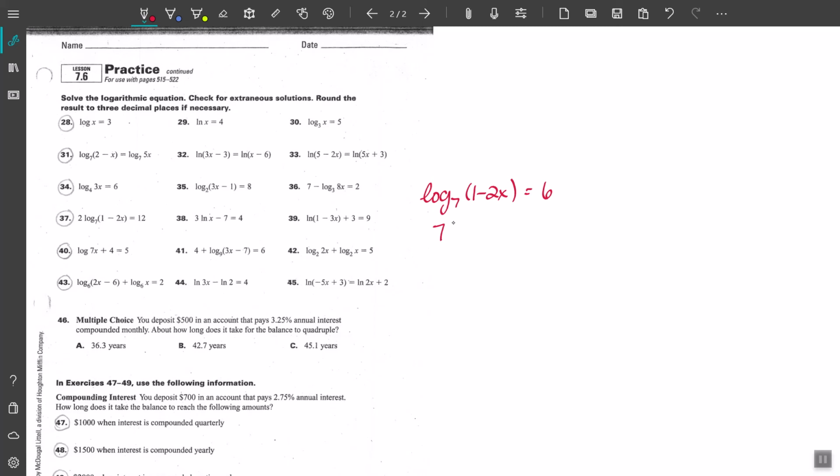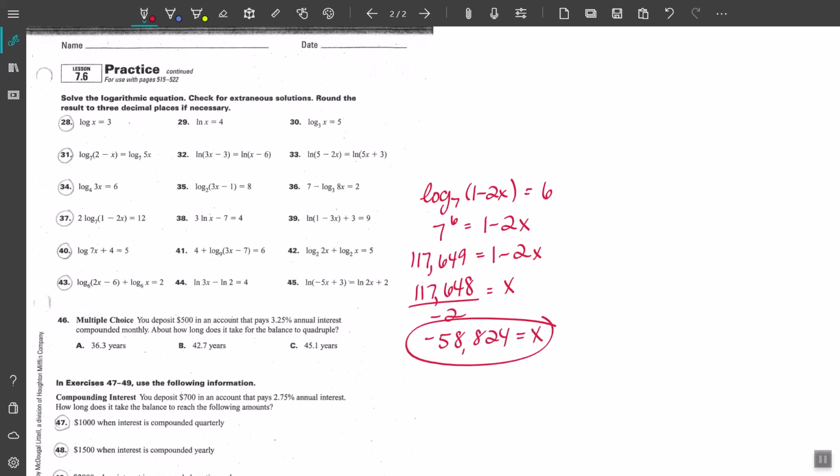So base of 7 raised to the 6th equals 1 minus 2x. 7 to the 6th power is this right here. And then I'm going to need to subtract that 1 and divide by -2. All said and done, we should end up with this right here.